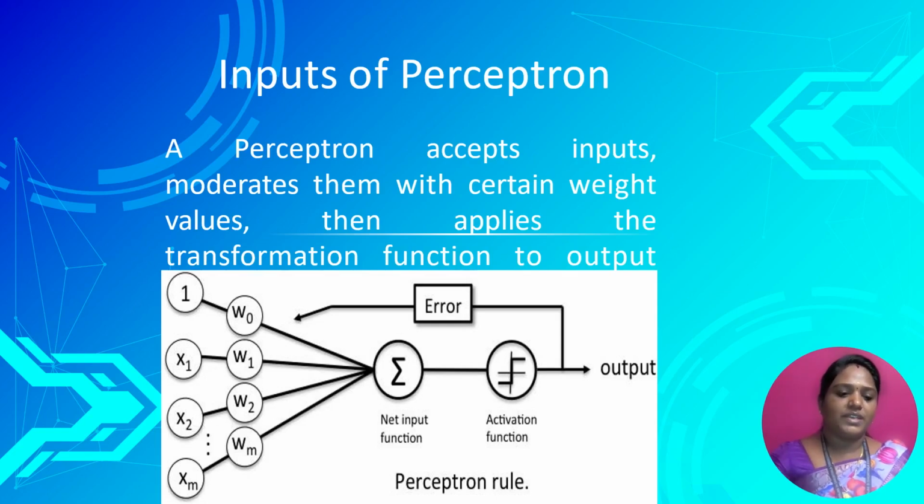Each input and weight are multiplied and summed up by applying the net input function, and then the activation function processes it. If the targeted and actual output are the same, they will be compared, and afterwards it produces the output data.